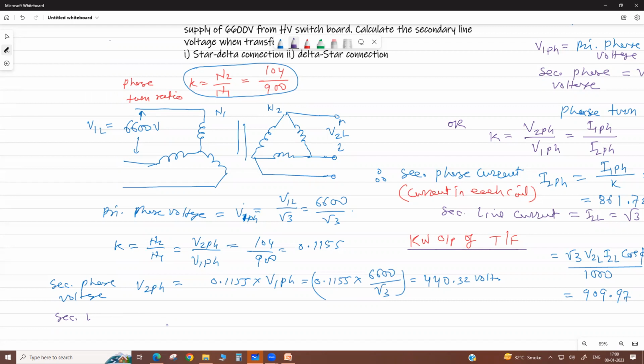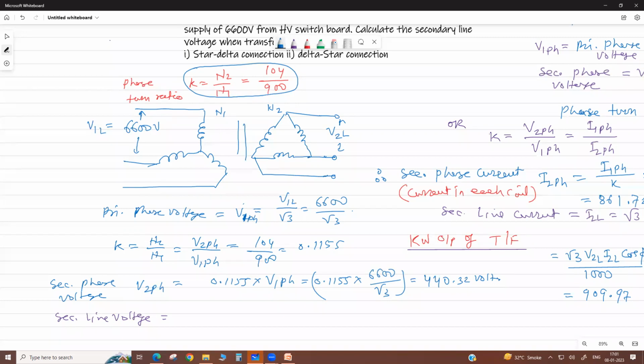Sir, in delta-star side, currents are same, voltage is 1 by root 3.